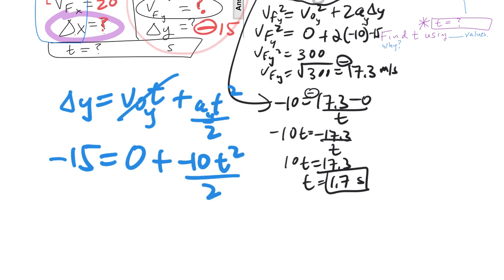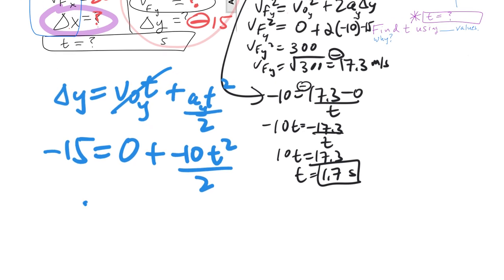Okay, so cross multiply. You don't have to, you could say just 5 here. So negative 15 divided by 5 is 3, which is equal to t squared.